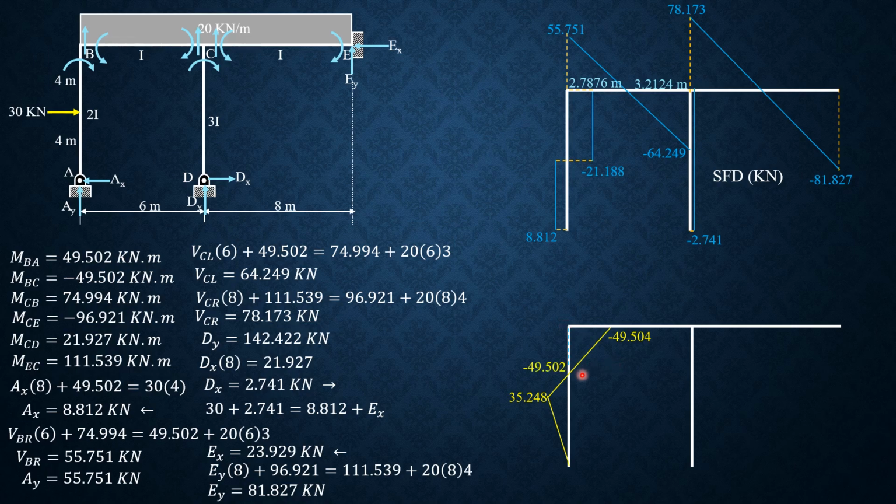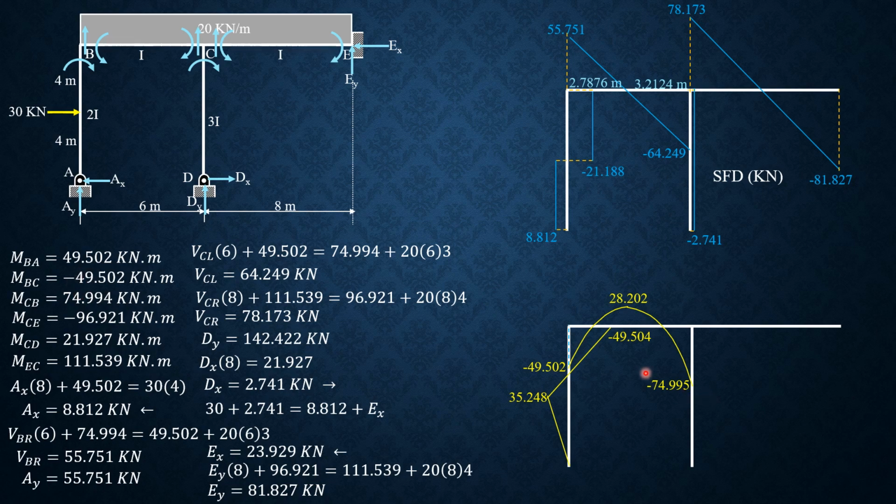Then plus the area, 1/2 of 2.7876 times 55.751, positive decreasing as shown, and you will have here 28.202. 28.202 minus this area, 1/2 of 3.2124 times 64.249, negative increasing. So this is negative 74.995.